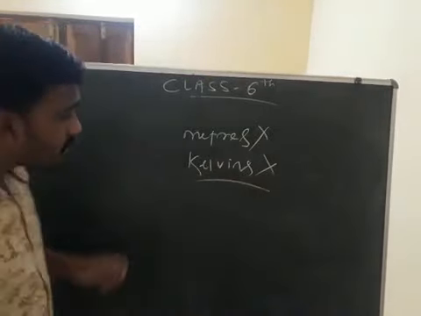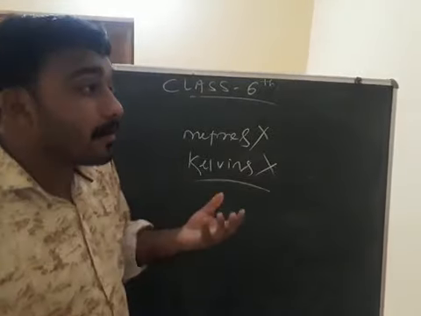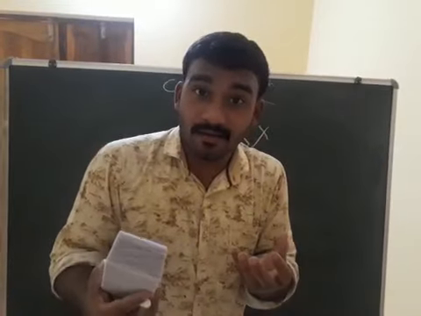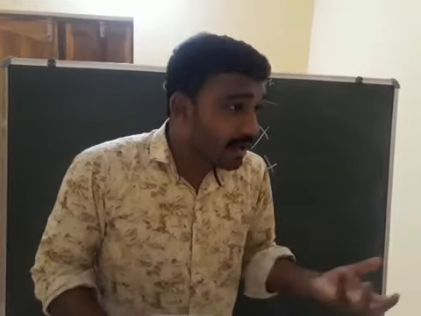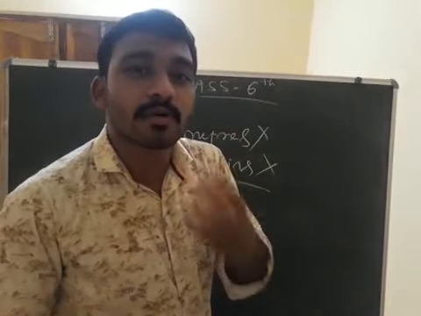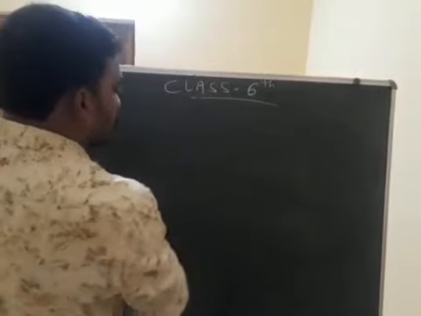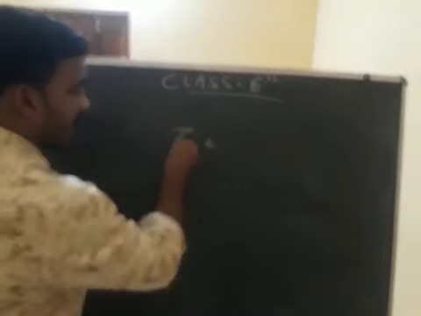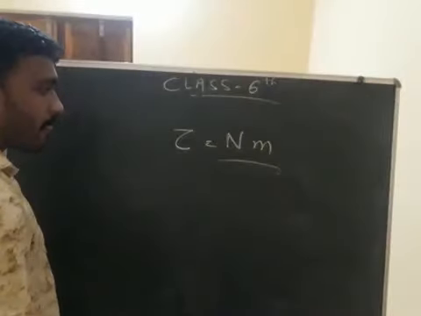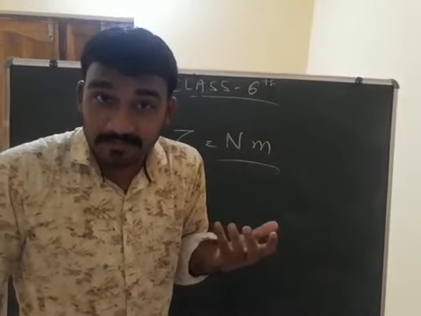Clear? Suppose you are mixing two units. For example, the unit of work, Newton meter. Understood? Another one, the unit of tau. Tau means torque. Torque means moment of force, a turning of force. Tau is the sign of the turning of force. Newton meter we write. Newton is capital because it is coming from a scientist's name.